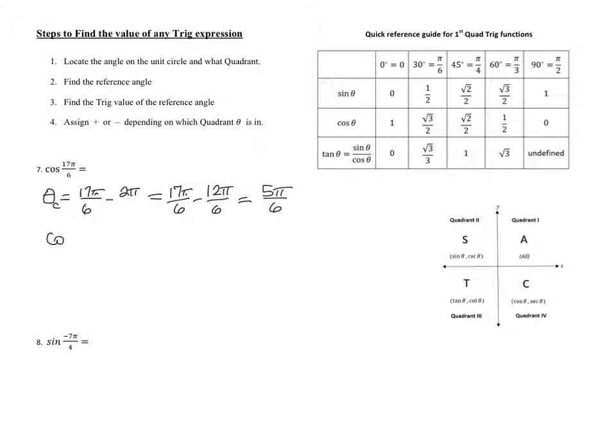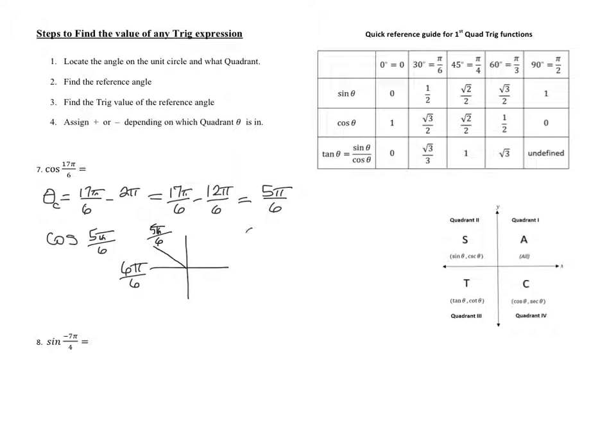So we want to find the cosine of 5 pi over 6. Okay, let's figure out where 5 pi over 6 is located. Remember, pi we could rewrite as 6 pi over 6. And when the numerator is 1 less, that means we're in quadrant 2. So 5 pi over 6 is a quadrant 2 angle.